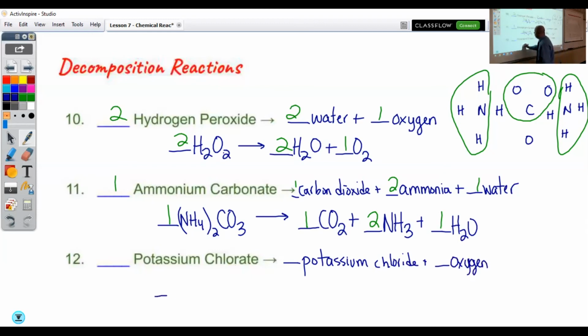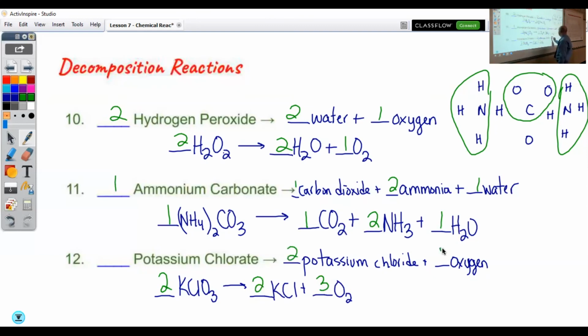So potassium chlorate is going to be KClO3. It's going to break down to form KCl plus O2. Then finally, balancing this, we'll need a 2 in front of our KClO3. That'll give us 6 oxygens. So we put a 3 here and a 2 there, and we can just copy that up here.